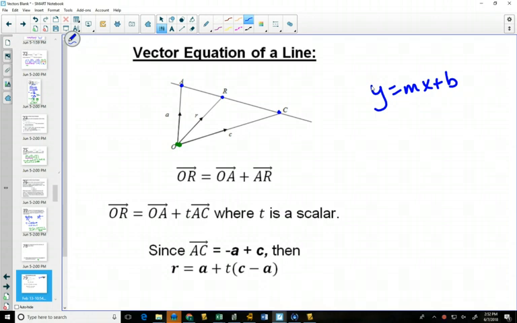And what a vector equation of a line does is it's really just a list of position vectors that end on that line.